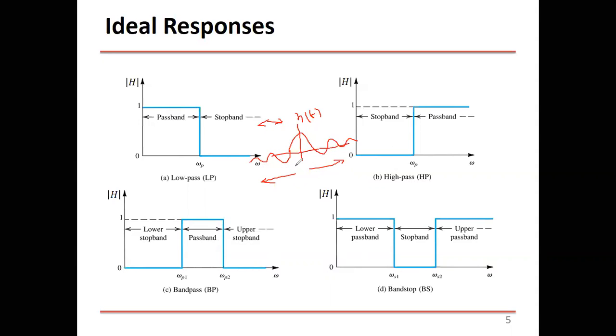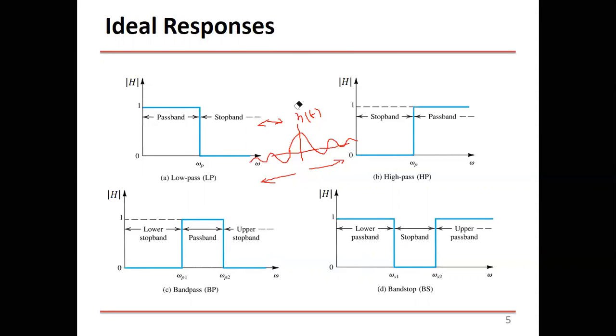A filter that responds at negative time is non-causal. Non-causal means it depends on the future. This negative part depends on the future, and you cannot build a real-time filter that depends on the future. So there are many things that make this impossible to implement in real life.